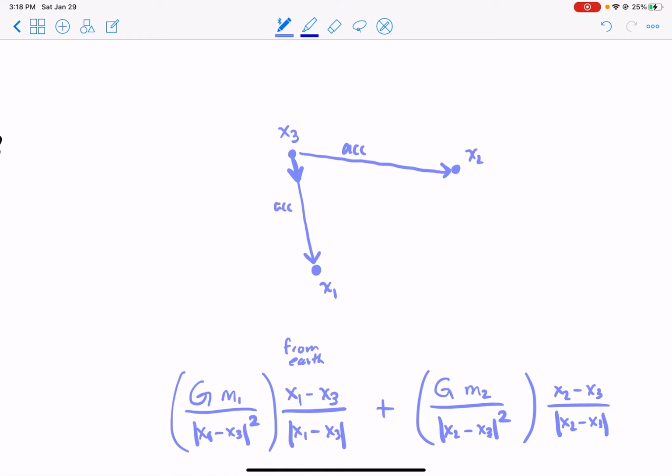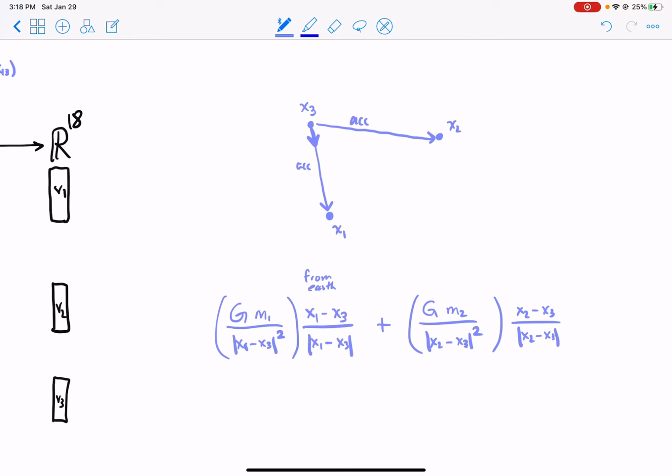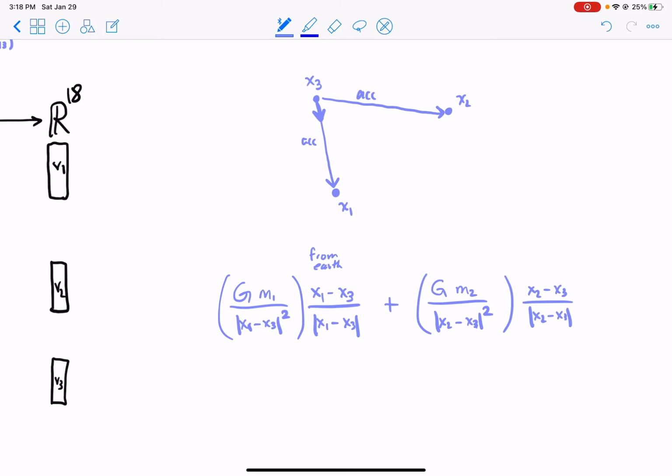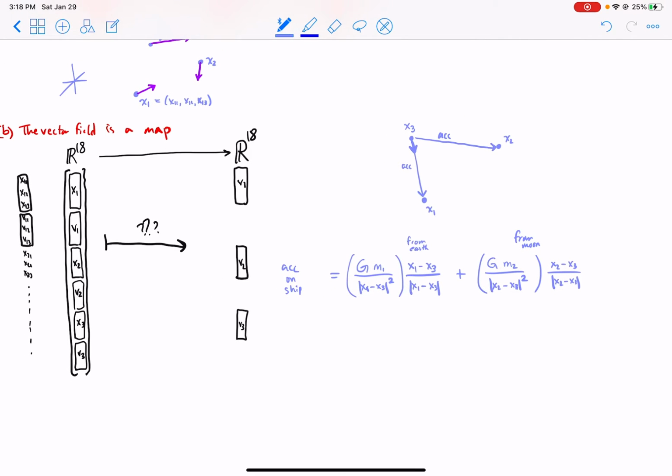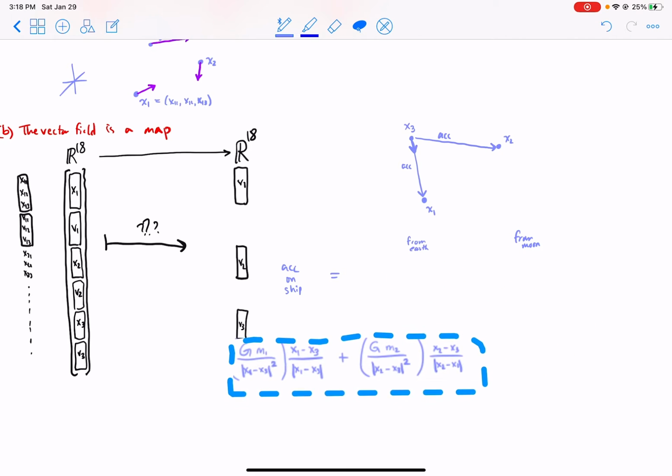So this is the square of the distance. And that's the formula. Okay, so this piece is from Earth, this piece is from Moon, and together they give the acceleration on the ship. Okay, and that, my friends, goes here.